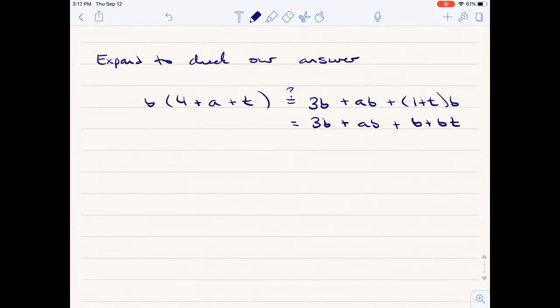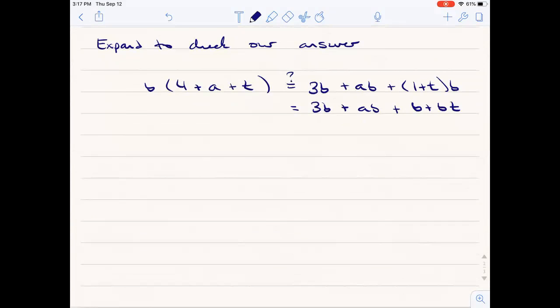AB we can't collect because we don't know what A is. B we can collect with 3b because they're just b's. And then b times t we can't collect because we don't know what t is. Unless we had more bt terms or AB terms. But we can do 4b plus AB plus BT.